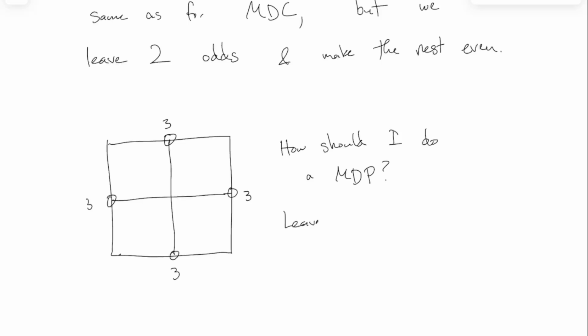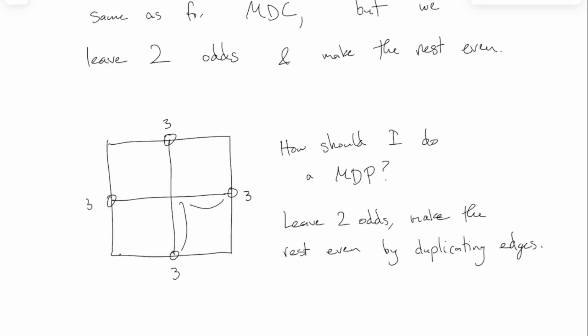So leave 2 odds and make the rest even by duplicating edges. And really it's up to you to decide which ones you want to leave as odds. So maybe I'll leave the top and the left as odd, and then I will repair the others by doing that. All right, so now this is a 4 and that's a 4.